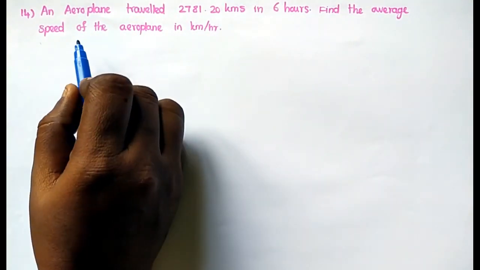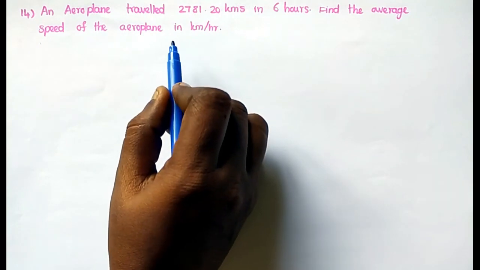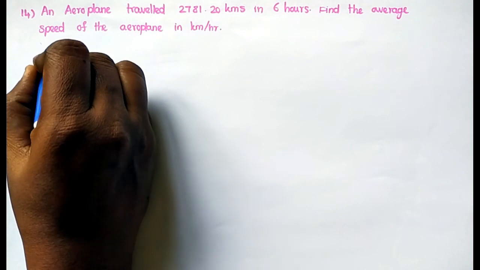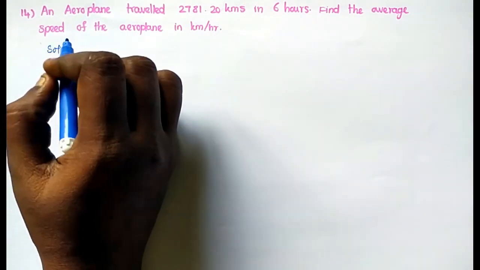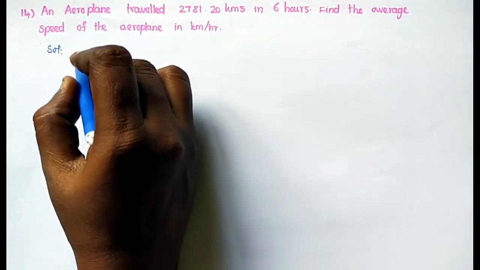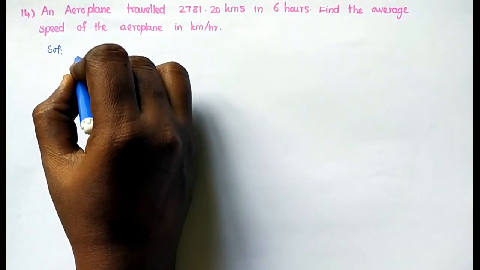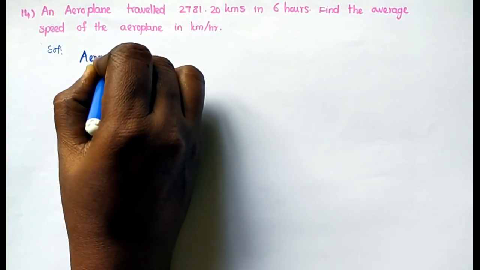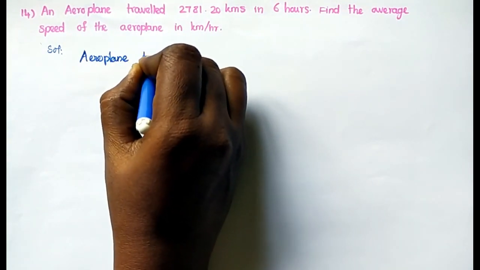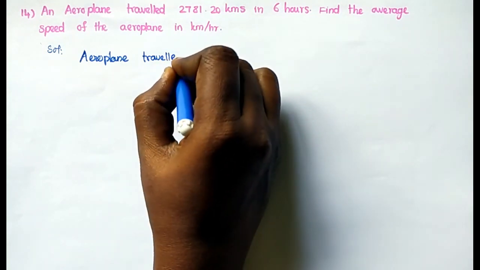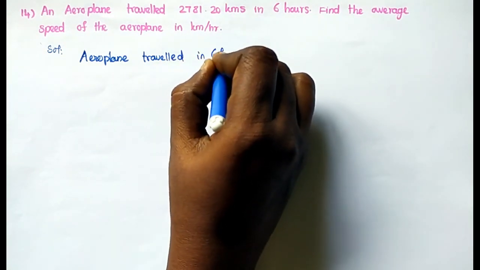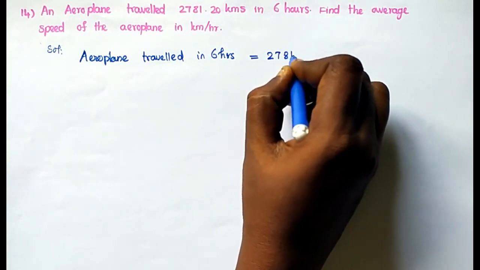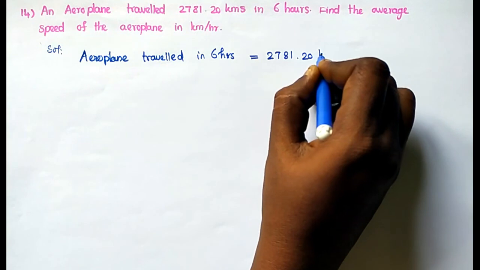Find the average speed of the aeroplane in kilometer per hour. Listen. The aeroplane travelled in 6 hours, that is equal to 2781.20 kilometers.